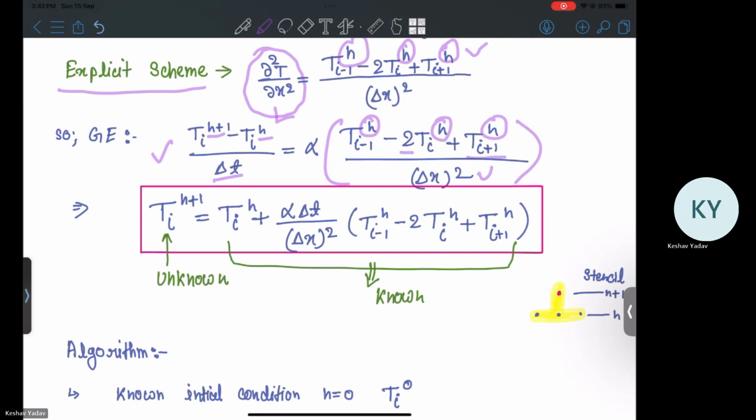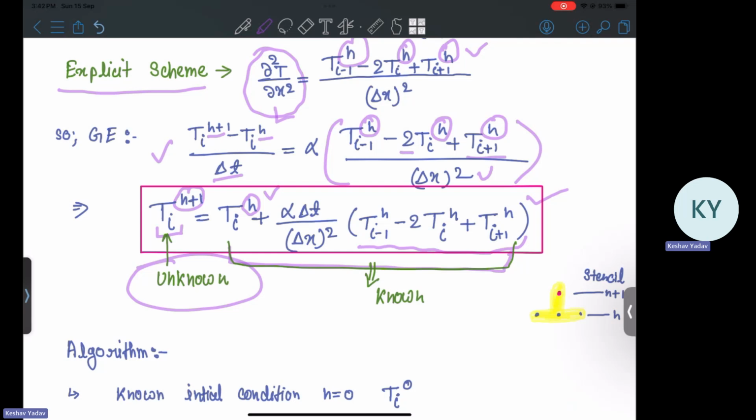If I manipulate this equation, I will get Ti at n+1 will be equal to Ti at n plus alpha delta t upon delta x square times this value. Okay. So at the nth time, we already know the temperature value, meaning what? The RHS is known, but the LHS is unknown.